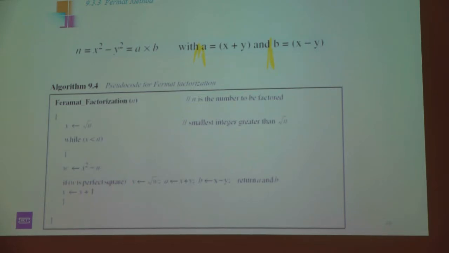So you're trying here to look for numbers. The method tries to find numbers a and b close to each other, almost the same.